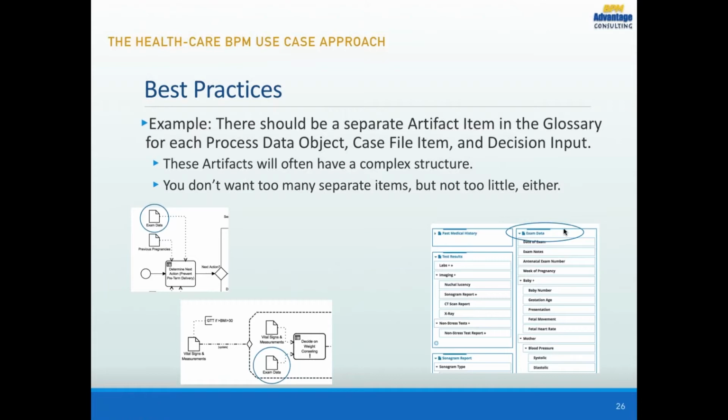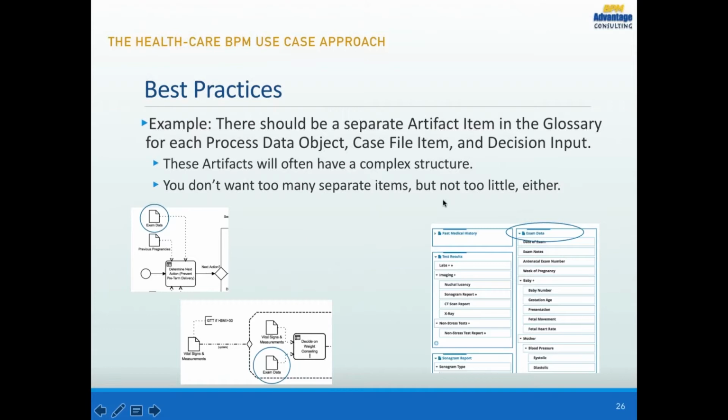So you have the date of exam, so it's a date type, and you have a text of the exam notes, and you have the gestation age, which is a number, and so forth. So the structure of the exam data fits into these data objects and case file items, and they should match what's in your vocabulary.